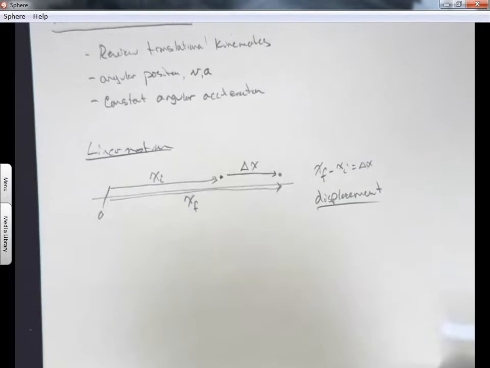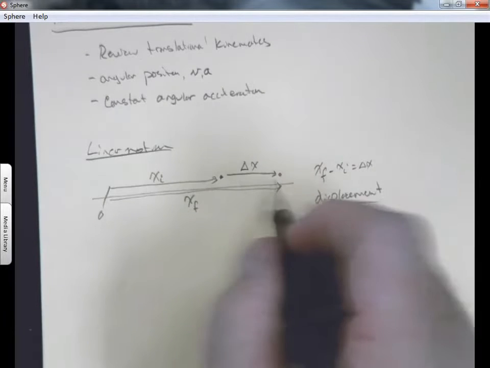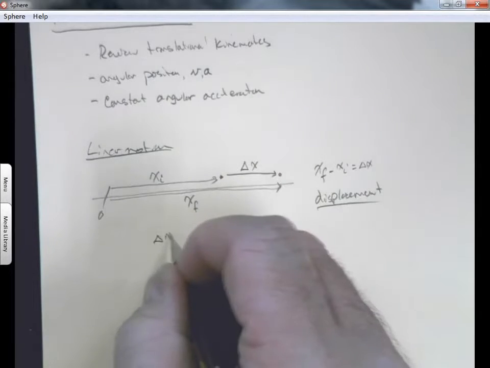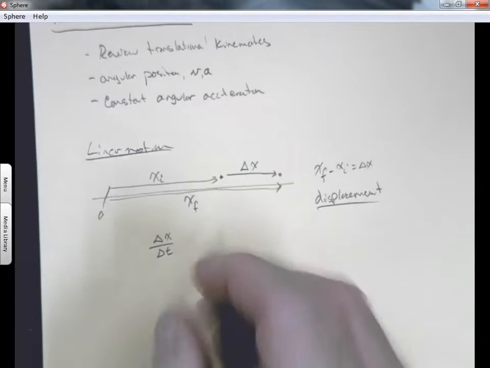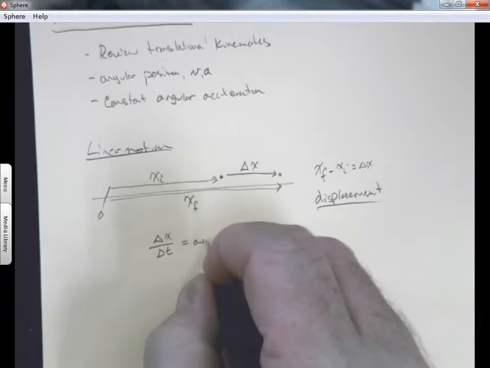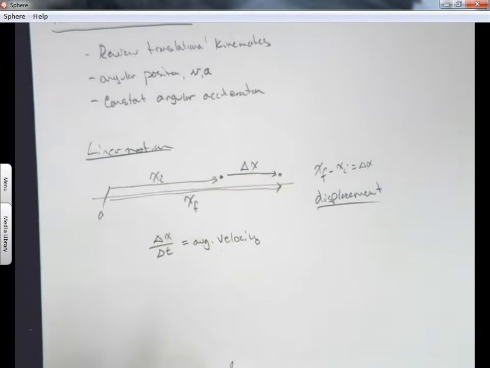Now, if we take the rate of change of our displacement, we get delta x over delta t, over the change in time. This is our average velocity.